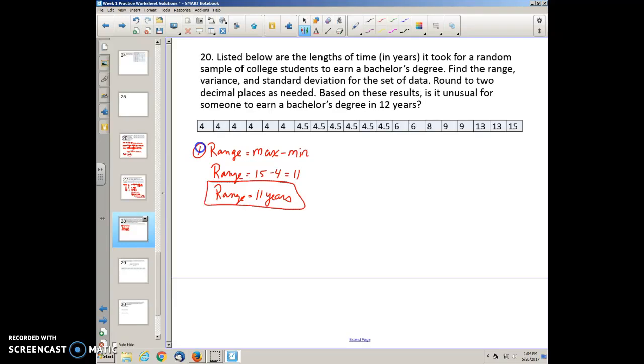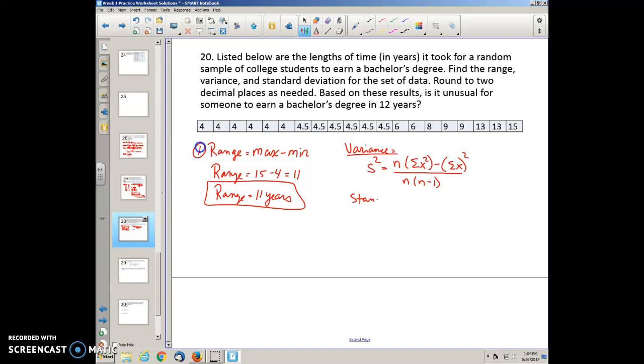The formula I like to use for variance, which is s squared, is n times the sum of x squared minus the sum of x squared over n times n minus 1.